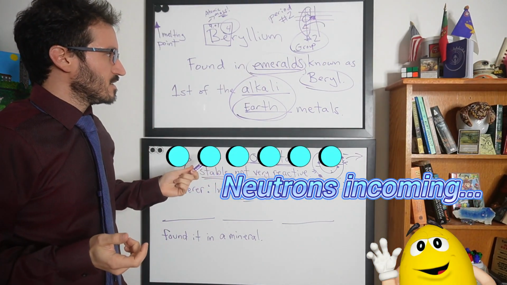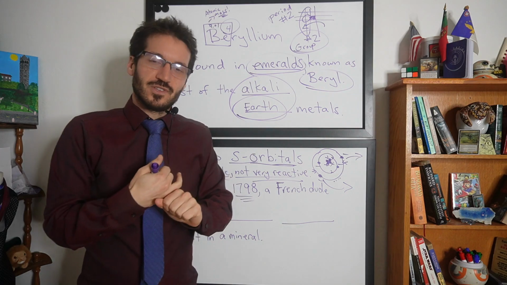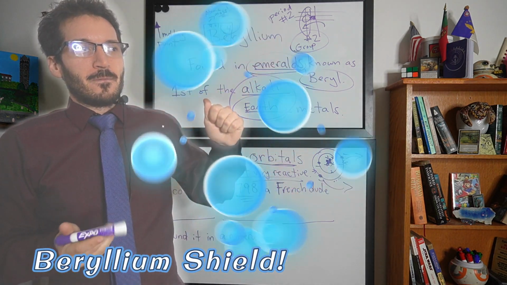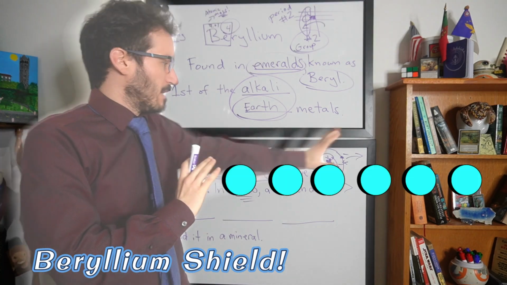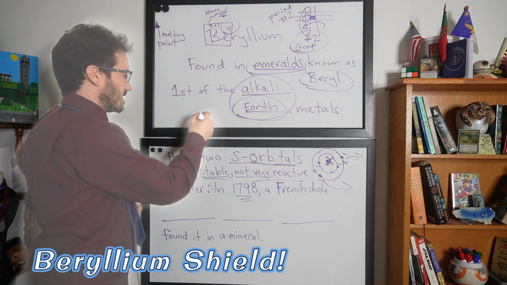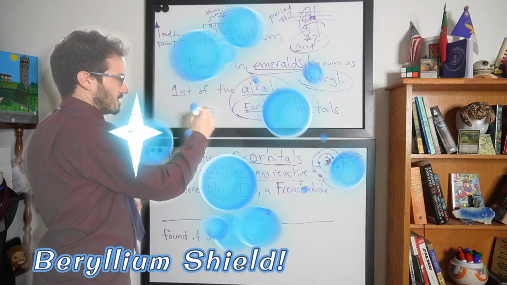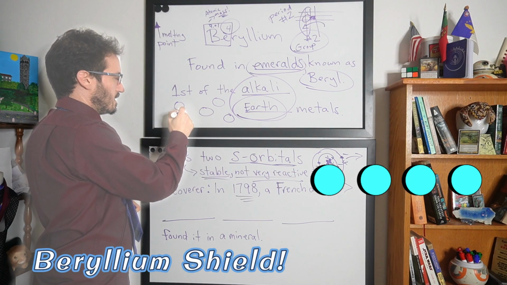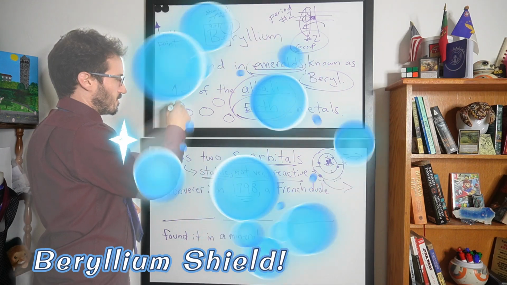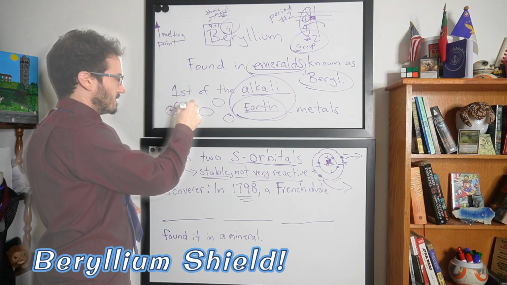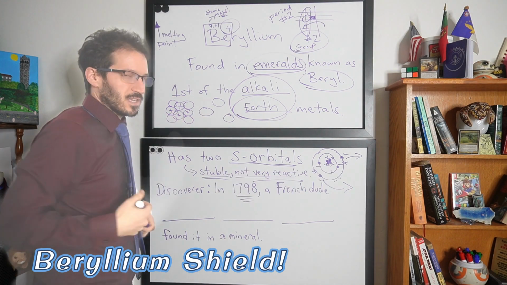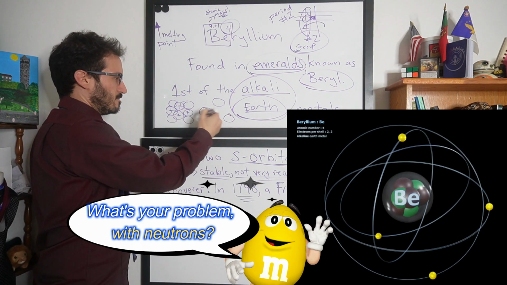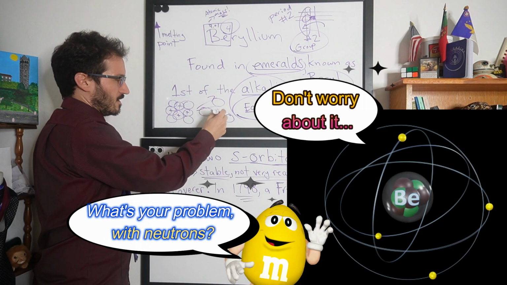A couple other things it's really good for is neutron scattering. It's used in nuclear reactors, nuclear power plants, because it's really good at bouncing off other neutrons. So when other neutrons come flying in, because of the feature of beryllium, these 4 protons and 4 neutrons in its base form, I don't know if they use isotopes of beryllium, but this configuration actually bounces off a lot of neutrons.